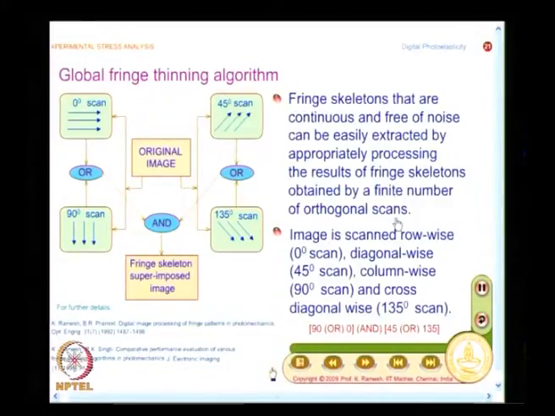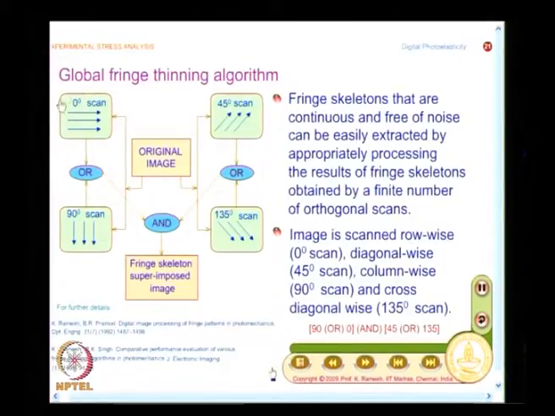There is no iteration involved, and in this case we use only 4 scans. I have 0 degree scan, 45 degree scan and 90 degree scan, and finally 135 degree scan. And if you really look at them, they are essentially orthogonal scans.